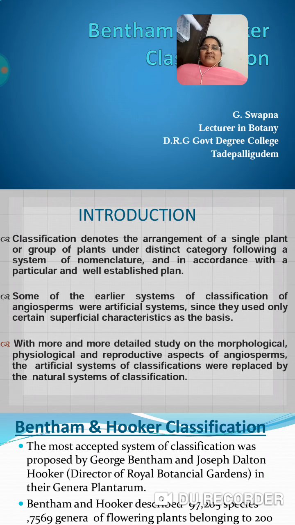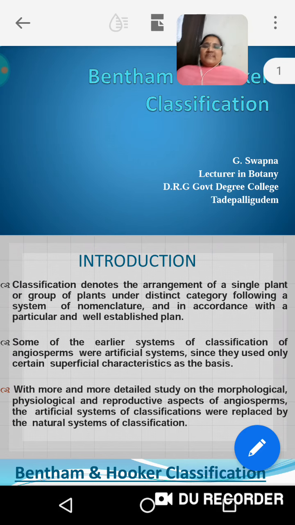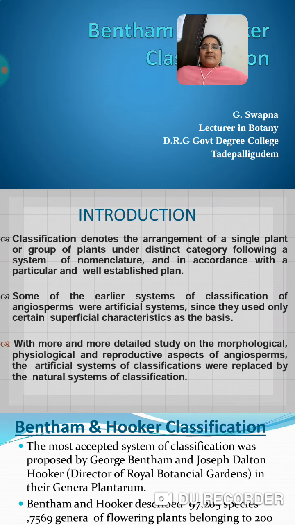Previously there were three types of classification in taxonomy: the natural system of classification, the artificial system of classification, and the phylogenetic system of classification. Now, what are the basic differences between these three?